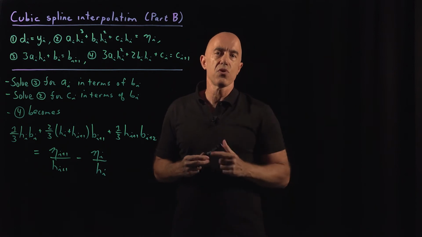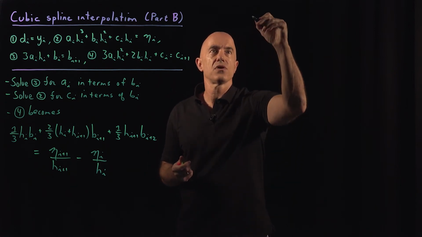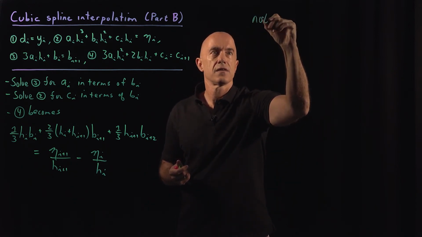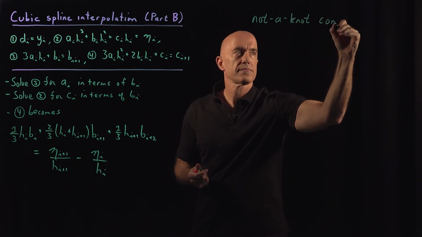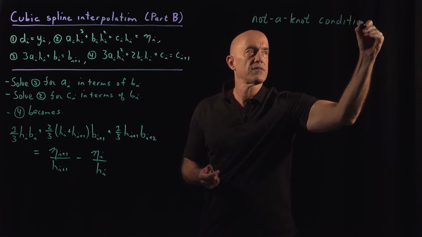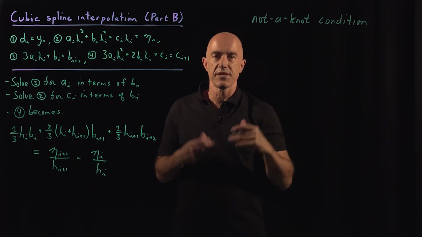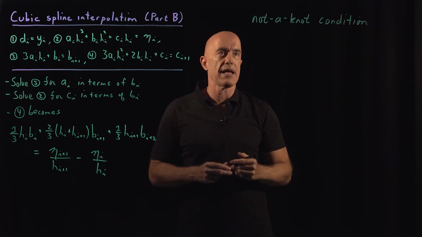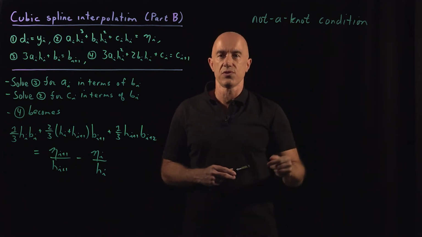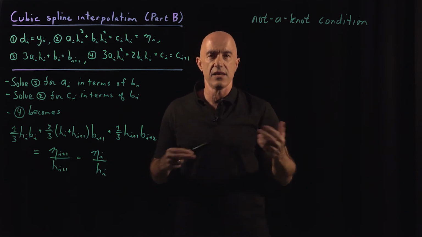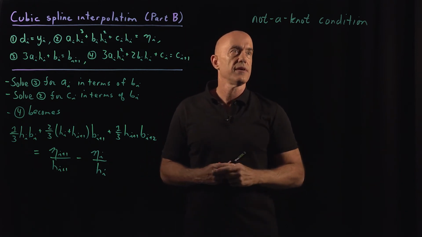So we need two more constraints. That's called the not-a-knot condition. There are other ways of specifying the constraints, but this is the default in MATLAB, and it's the one that you would usually choose when you don't have any additional information.